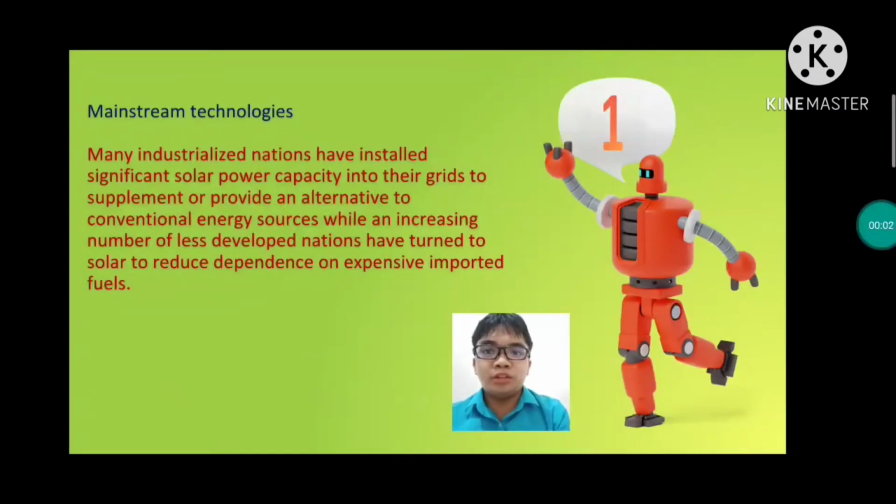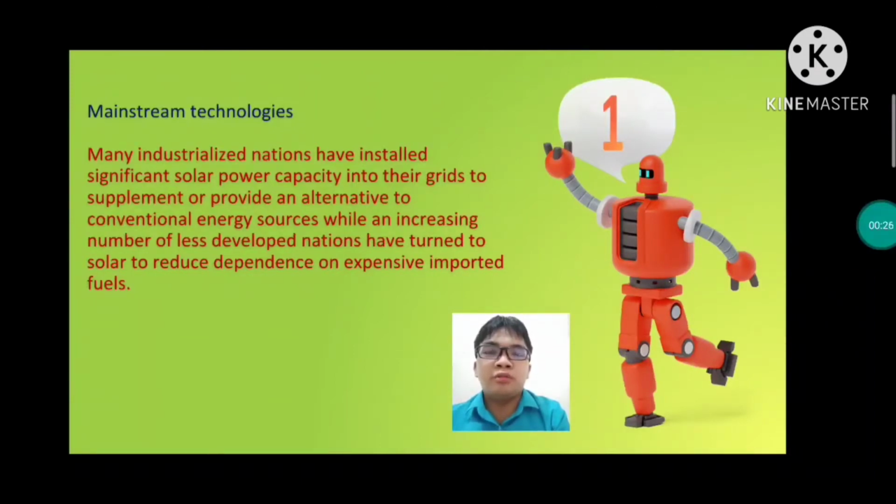Mainstream technologies. Many industrialized nations have installed significant solar power capacity into their grids to supplement or provide an alternative to conventional energy sources, while an increasing number of less developed nations have turned to solar to reduce their dependence on expensive imported fuels.